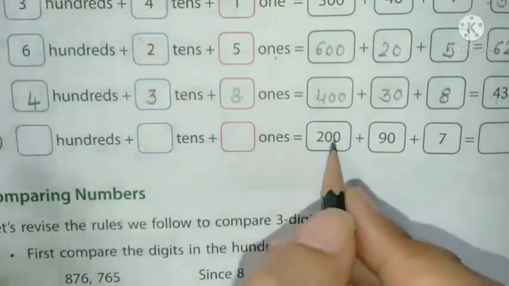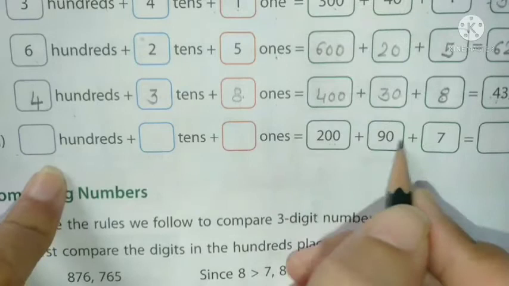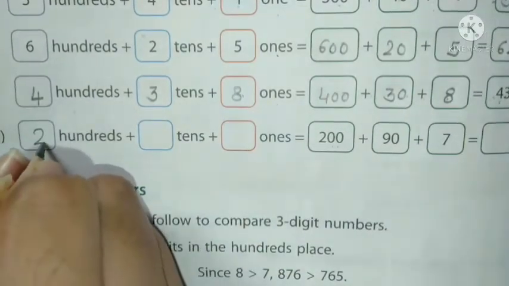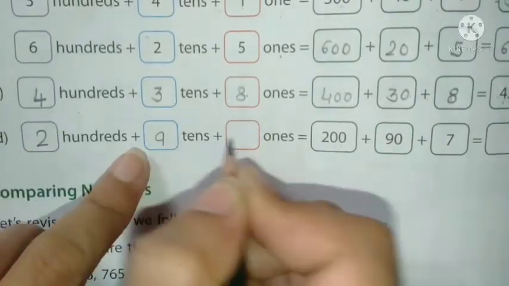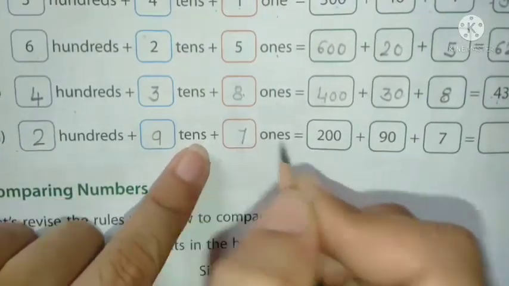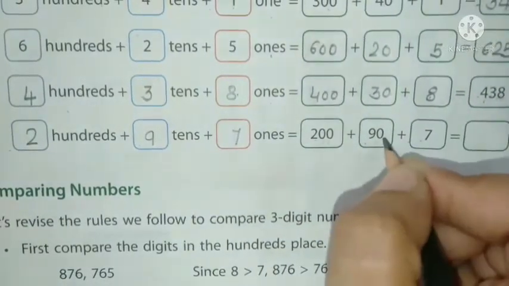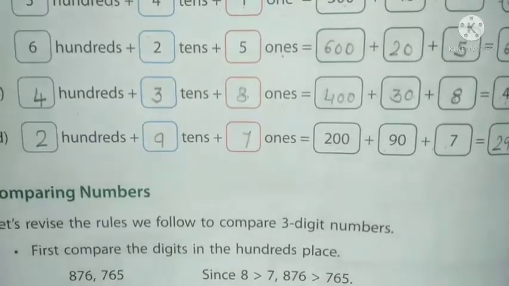Now in last D, here expanded form is given 200 plus 90 plus 7. So how we will write here? 200 plus 90 means 9 tens and 7 ones. So 200 plus 90 plus 7. What is the short form of this number? 297.